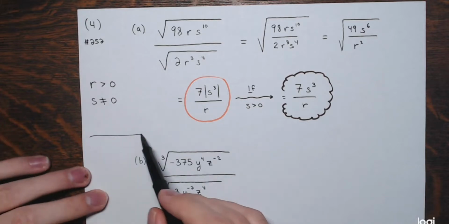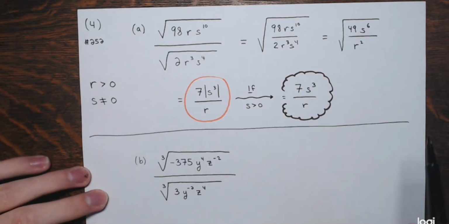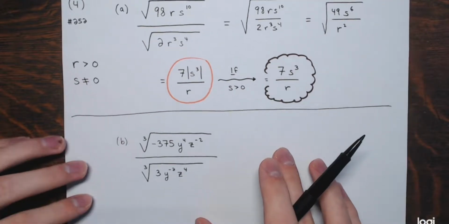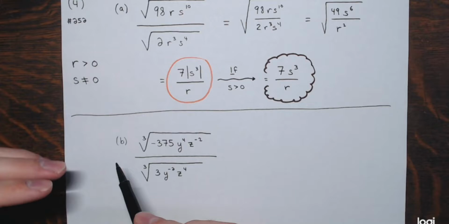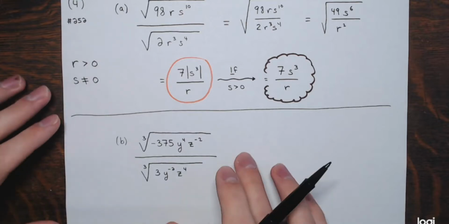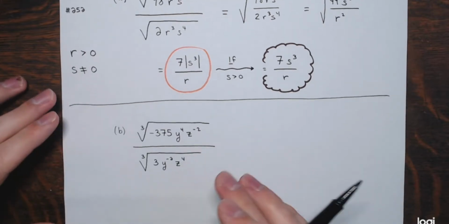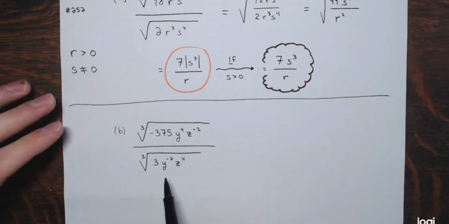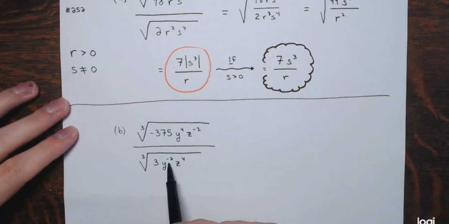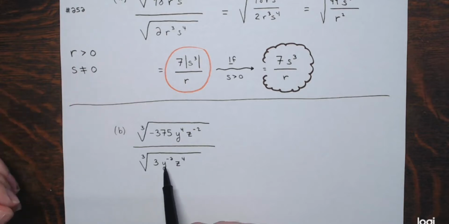Okay. So number 4, part B. Well, now we have cube roots, right? Odd roots are fine. You can take odd roots of anything, any number, and it's still going to be real. I just want to make sure that we don't ever divide by 0 or have 0 to a negative power, because that's the same thing as dividing by 0 if you remember how negative powers work.